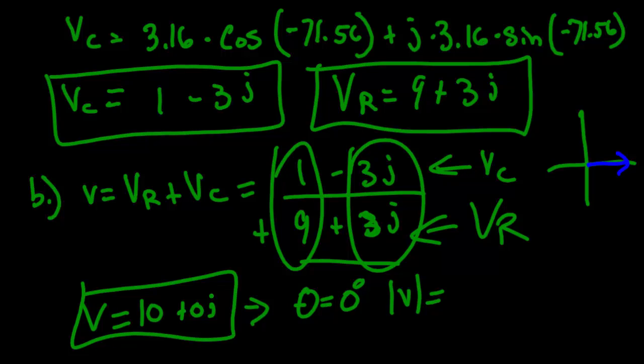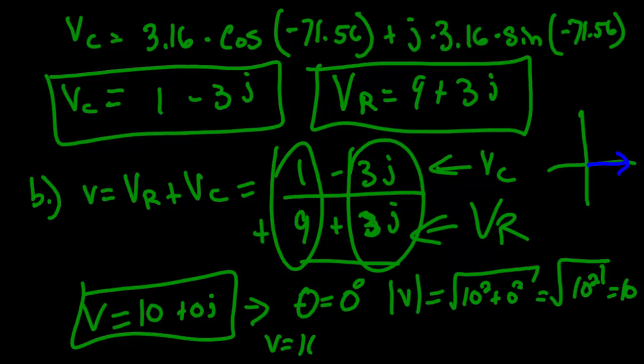Magnitude is the square root of real squared plus imaginary squared. So it's the square root of 10 squared plus 0 squared, which is the square root of 10 squared, which equals 10, right? So V is equal to 10 at an angle of 0 degrees. That's part B.